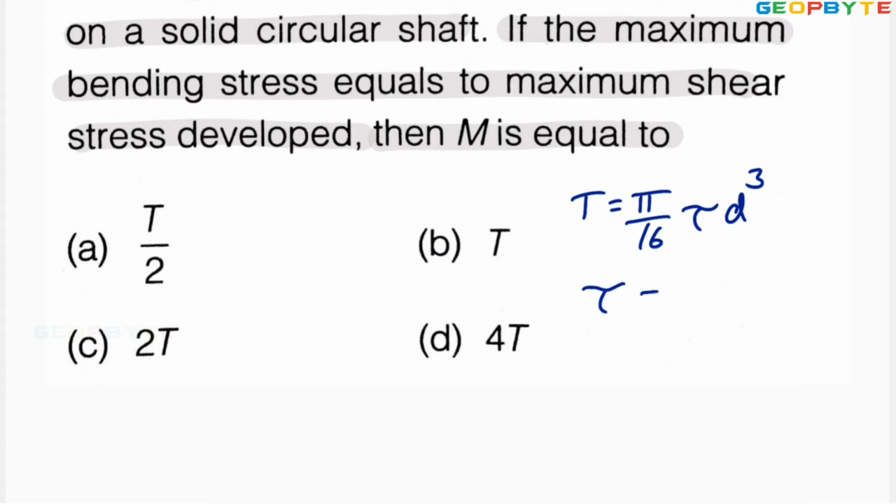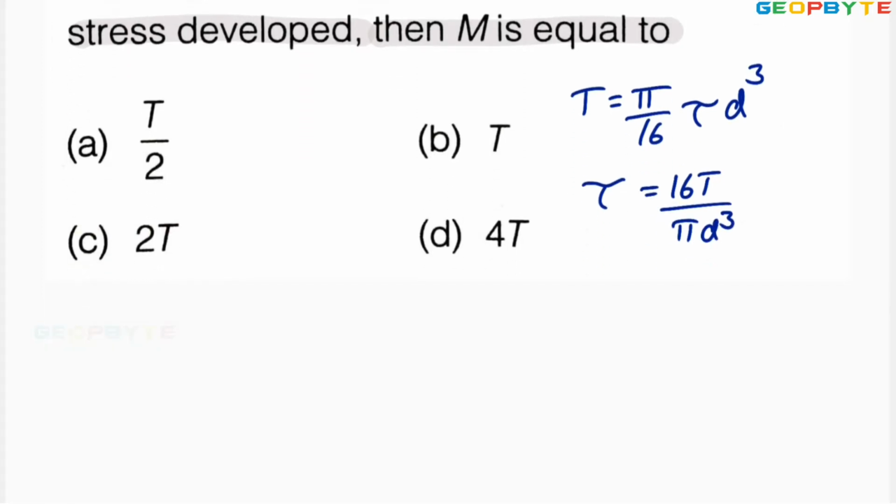Dear friends, as we know, the torque T equal to pi by 16 into tau into d cube. From this, the shear stress equal to 16T by pi d cube. The same way, the bending moment M equal to pi by 32 into sigma into d cube.